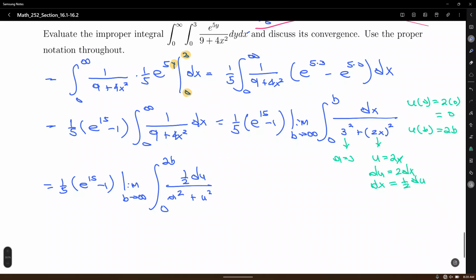Well, I'm going to take that 1/2 and multiply it outside with the 1/5. That's going to give us what? Isn't that a 1/10? Right? So 1/10 e to the 15 minus 1, limit as b approaches infinity, integral from 0 to 2b, du over a squared plus u squared.